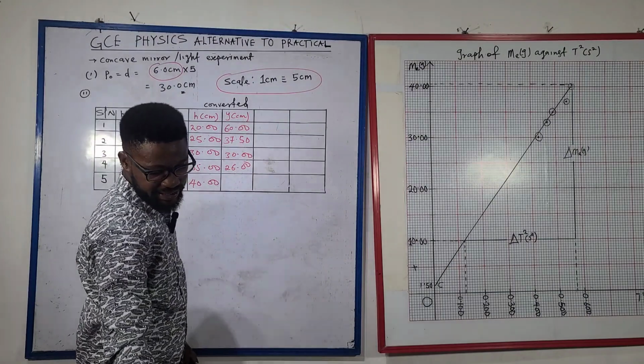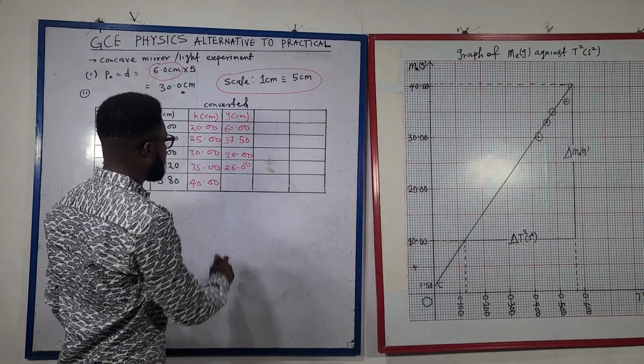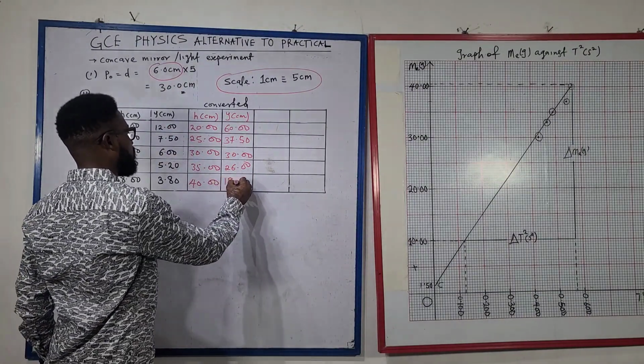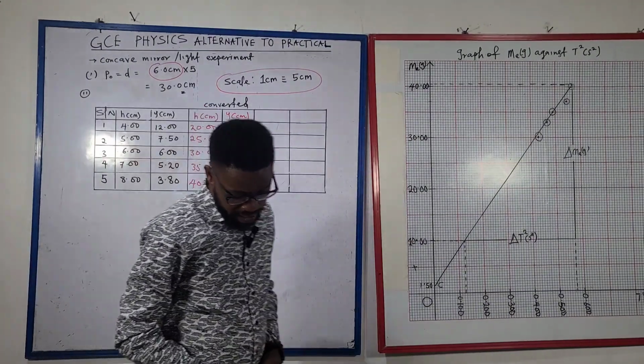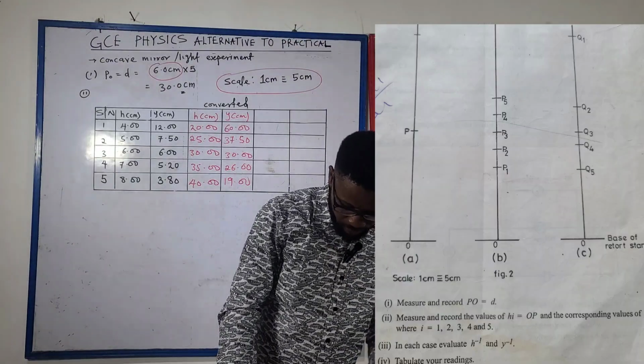And 3.80 times 5, that is going to give me 19.00. Of course, I've been able to do that. So that is for Roman figure 2.